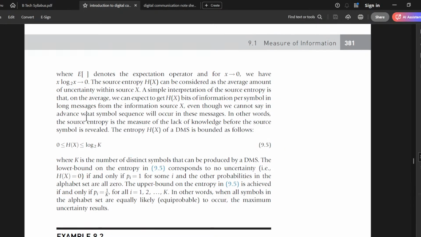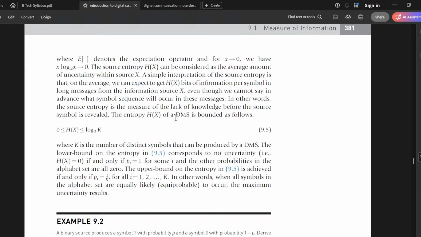In other words, the source entropy is the measure of the lack of knowledge before the source symbol is revealed. The entropy H(X) of a DMS is bounded as follows. DMS, what was that? Discrete memoryless source. So the entropy of a DMS should be greater than or equal to 0 and less than or equal to log 2 K, where K is the number of distinct symbols in the DMS.